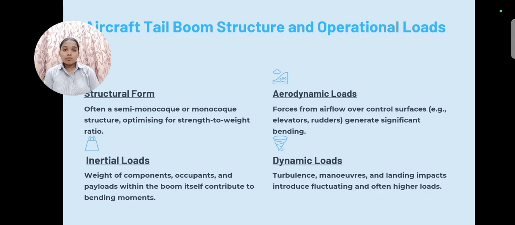Then inertial loads mean the weight of components like occupants and payloads within the boom itself contributes to bending moment. Then dynamic loads, like turbulence and landing impacts, introduce fluctuating loads.